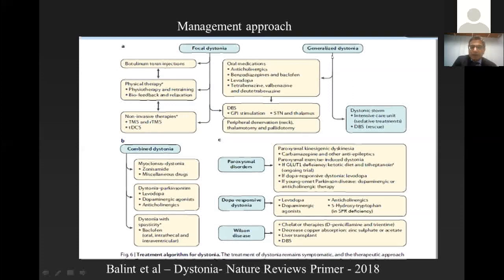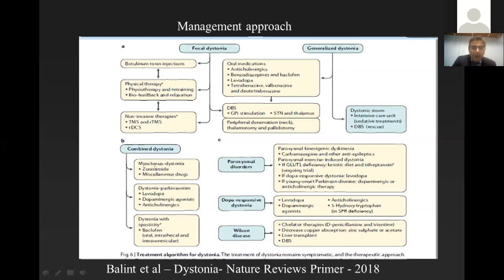Sometimes patients with generalized dystonia may develop a dystonic storm, and this is a medical emergency. You may have to admit them to intensive care, and sometimes even DBS may be required. In those with focal dystonia where botulinum toxin doesn't work very well, in rare cases you may require DBS, and very, very rarely peripheral denervation in those with cervical dystonia.